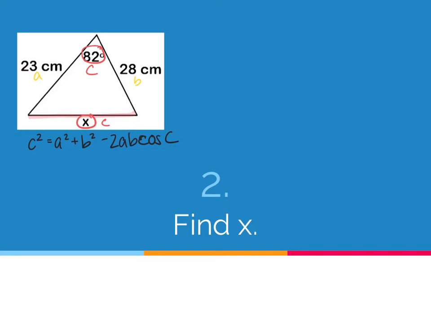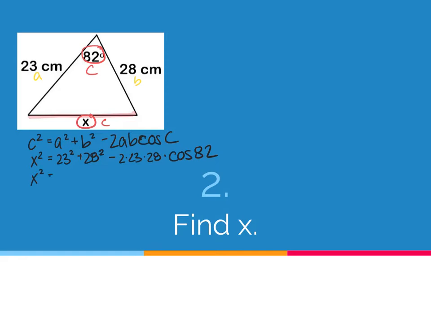I'm going to go ahead and substitute our information. So we don't know C, so that's x squared equals 23 squared plus 28 squared minus 2 times A, which is 23, times B, which is 28, times the cosine of angle C, which is 82.